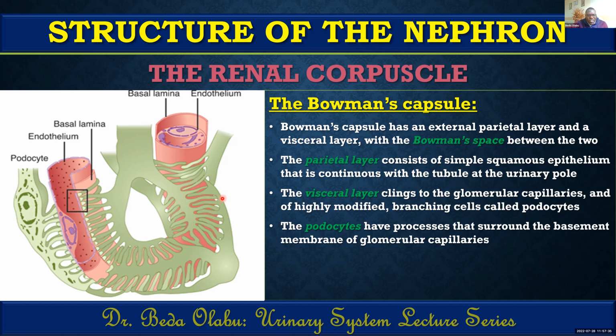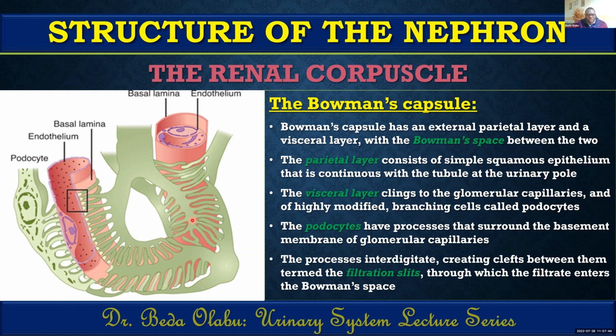So we can see the processes of the podocytes go around the capillary. And in this image, we can also appreciate that they interdigitate. These processes interdigitate with one another, leaving some gaps between them.